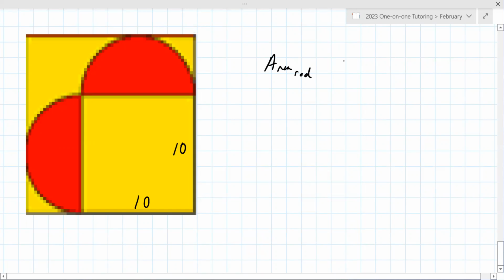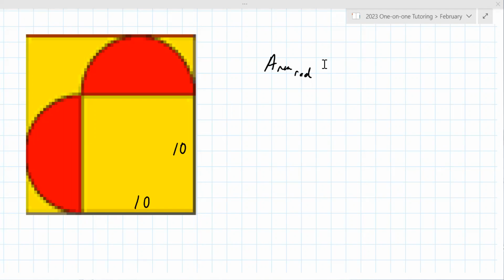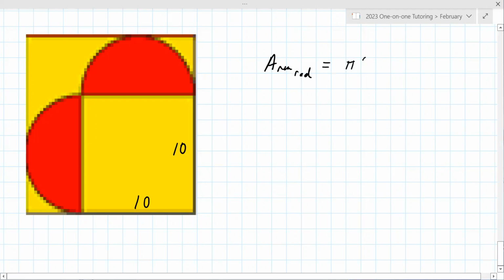There's no deception there. So pi times 5 squared, or 3 times 25. So maybe 75-ish, we'll say.